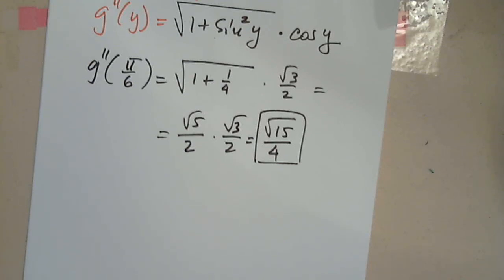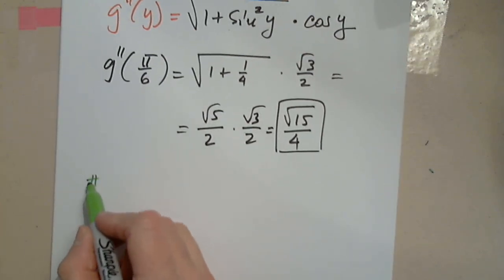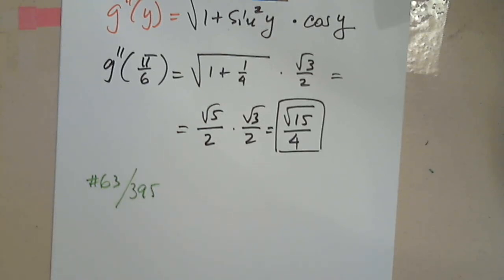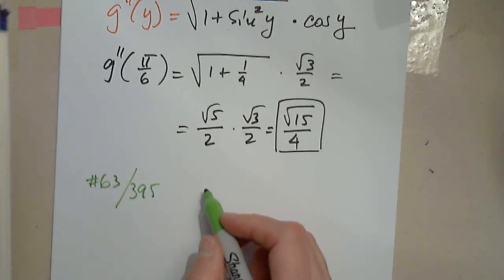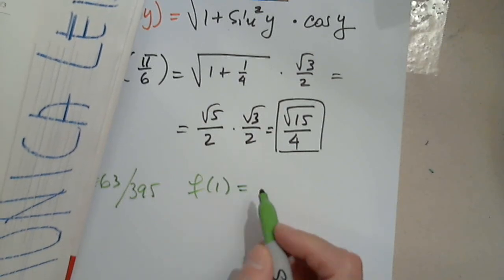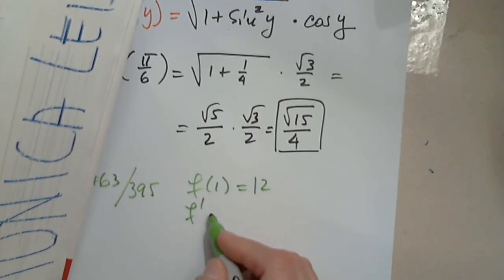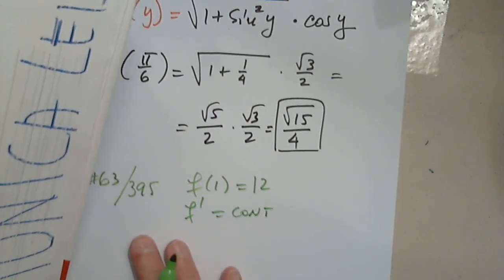I don't know what 63 means or wants. I've just read it. It just caught my eye. Well, let's see if this is what we want. 63, same page, 395. We are told that f of 1 is 12. They say that f prime is continuous.